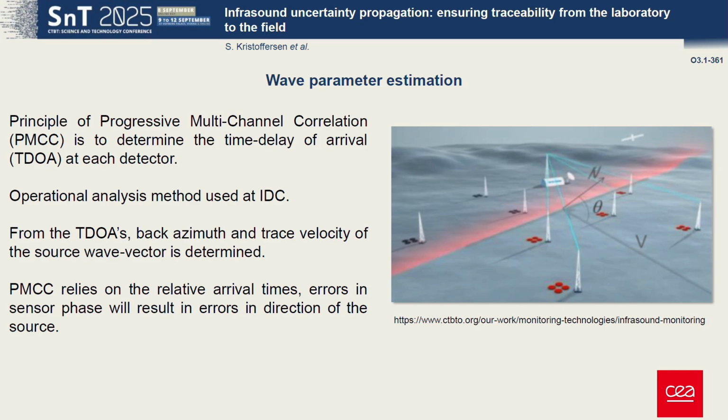And so the next step is to think about how we make these wave parameter estimations. Most of you are probably fairly familiar with this, but I'll just go over the idea quickly. Basically it uses the time delay of arrival.